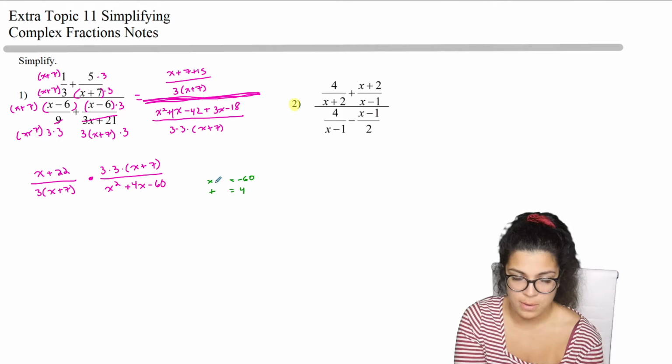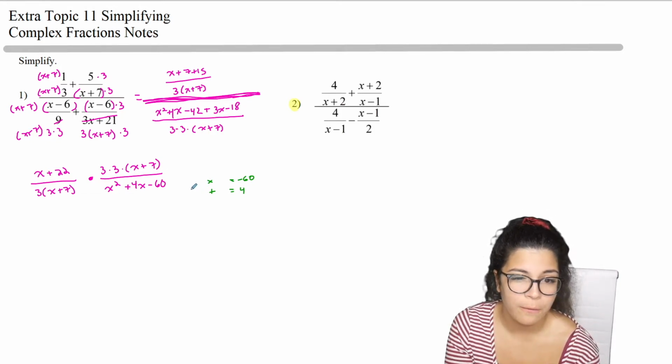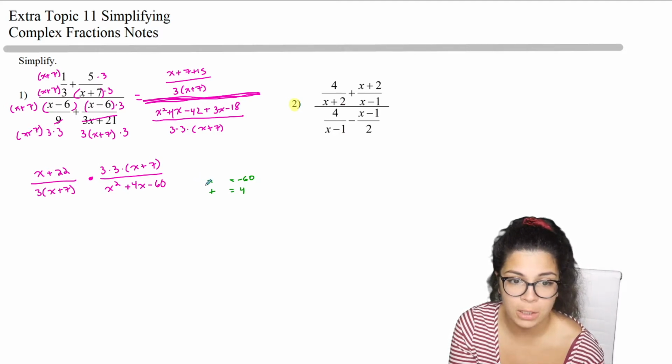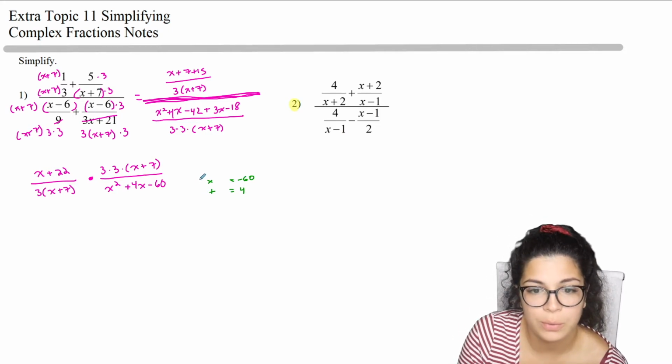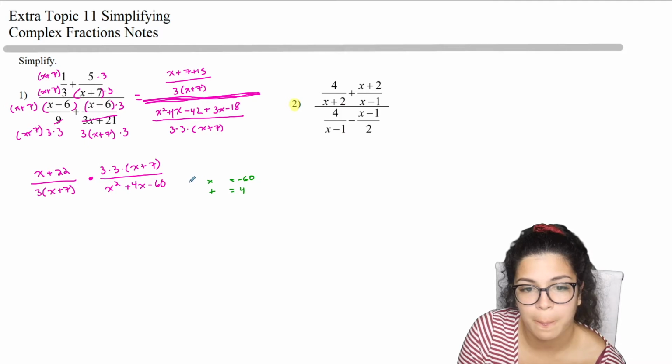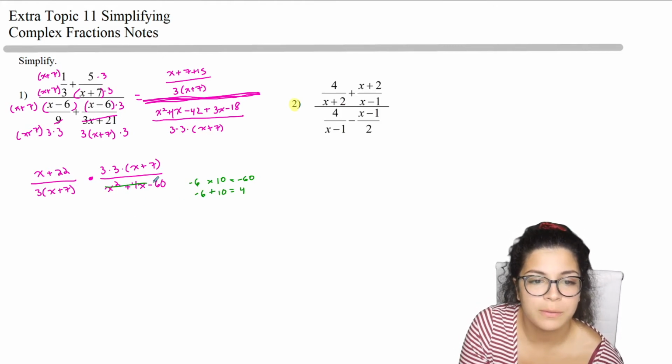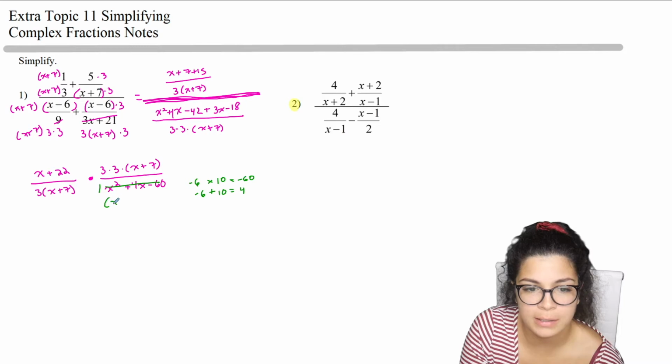We have 2 and 30, no. 4 and 15, no. 5, no. 6 and 10. So negative 6 times 10, negative 6 plus 10. Okay, so this one factors, the coefficient is 1, so it's the easy x minus 6 times x plus 10.